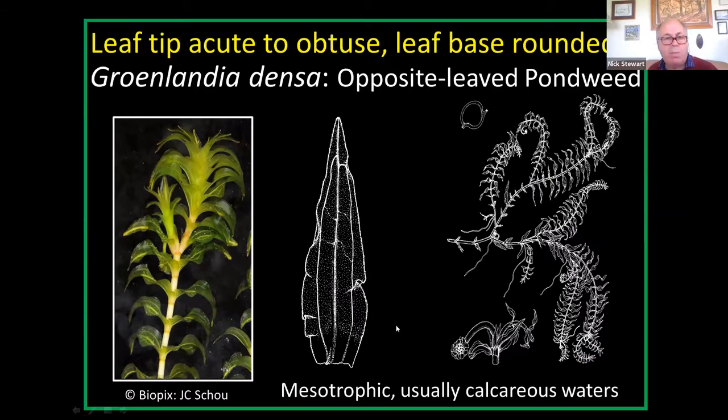But it's the only species that has these opposite leaves that we're dealing with. Unfortunately, it's a rare species, and getting even rarer. It's protected in the Republic of Ireland, but even in Britain, it's red listed and seems to be on the decline. It's particularly associated with calcareous waters, and it's one species that seems to be badly affected by pollution.